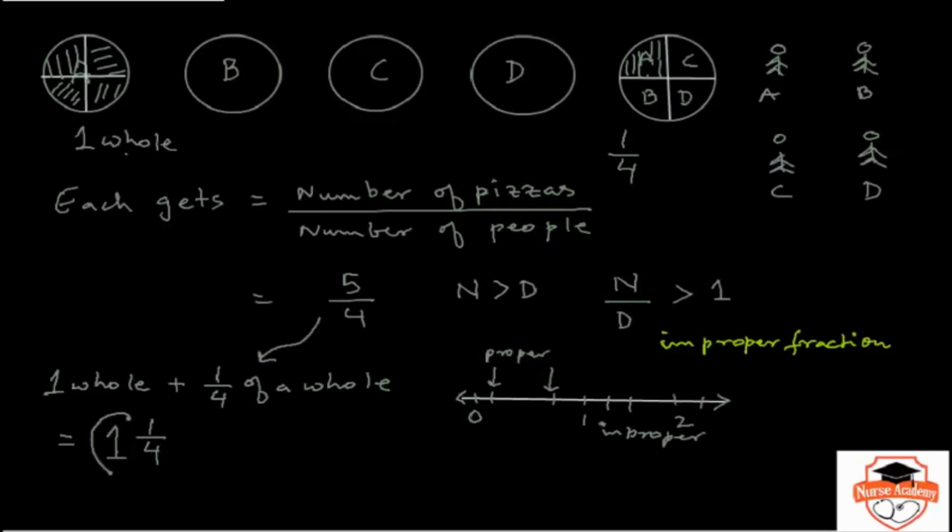And this number out here is called a mixed number, or sometimes a mixed fraction. Mixed because it contains a whole as well as a fraction. So every improper fraction like 5/4 can be converted to a mixed number. 5/4 and 1 and 1/4 are the same numbers. They're just 2 representations of the same number. They mean the same thing.